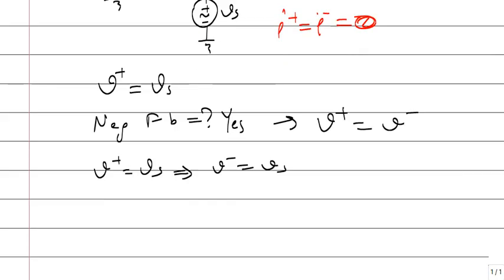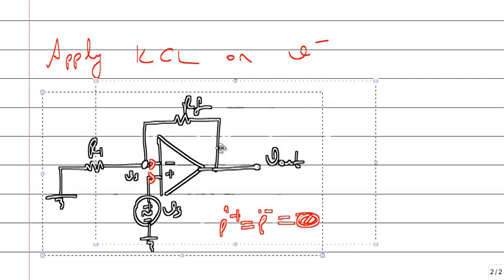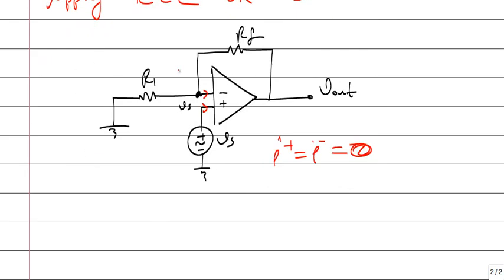So let's apply KCL on V minus and see what happens. What is this current? What is this current and this current? Can you say me the equation that gives this current?